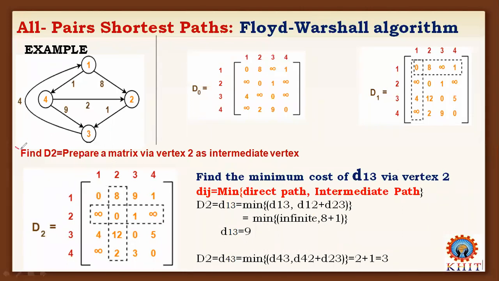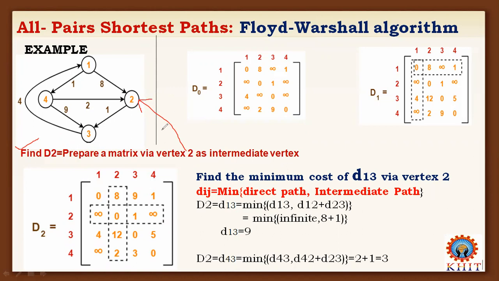Now here we need to find D2. That means prepare the matrix via vertex 2 as the intermediate vertex. So here the intermediate vertex is 2. 2 is to be considered as an intermediate vertex.